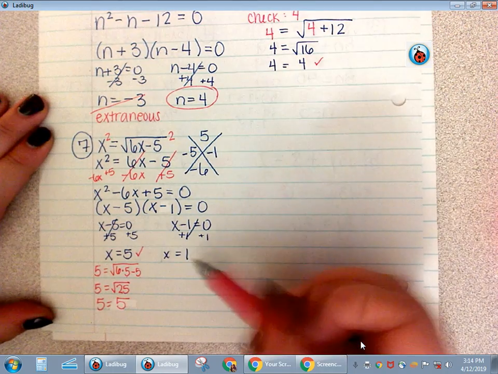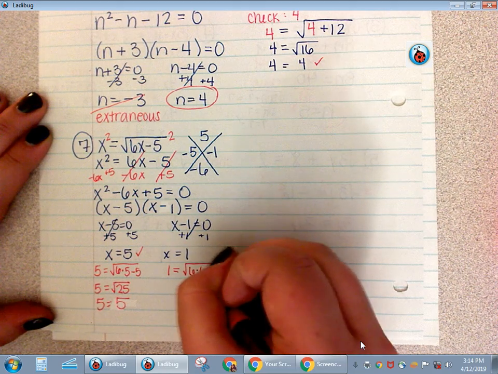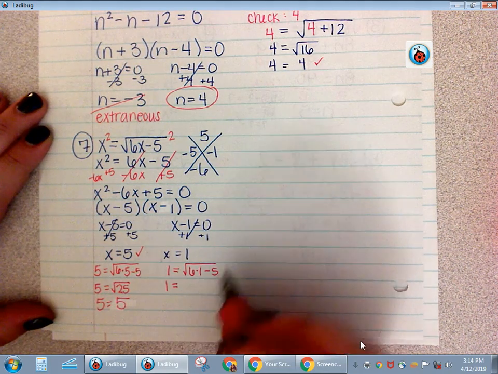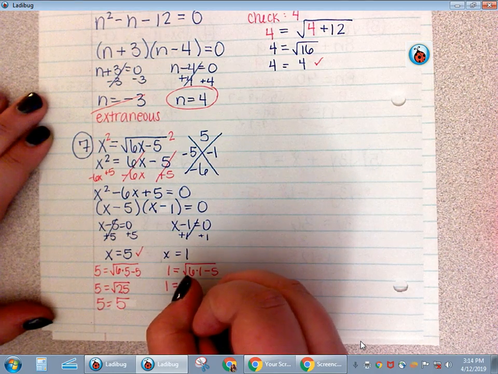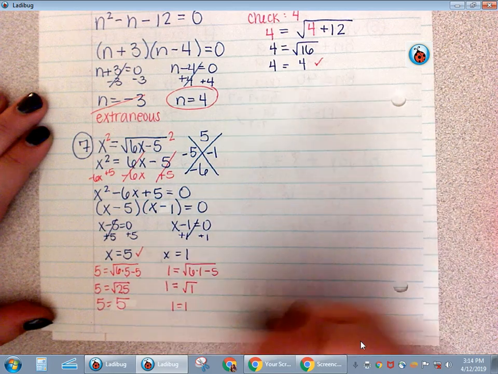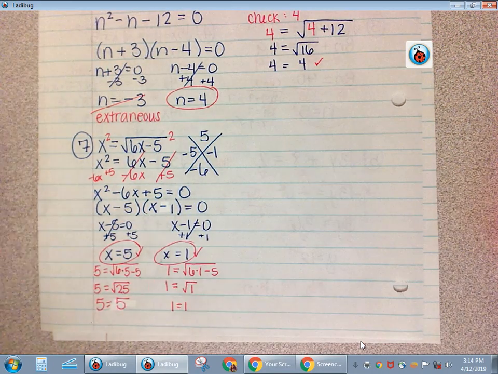The other one, though, let's plug a 1 in. 1 equals the square root of 6 times 1 minus 5. So 1 equals 6 times 1 is 6. 6 minus 5 is 1. And the square root of 1 is 1. So this one also checks out. This one has 2 solutions.